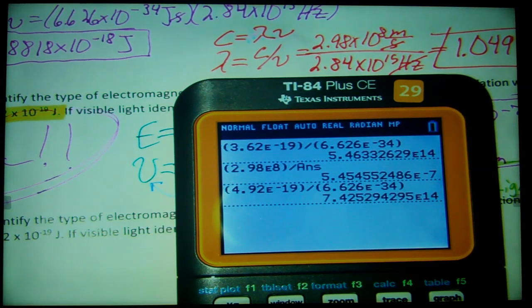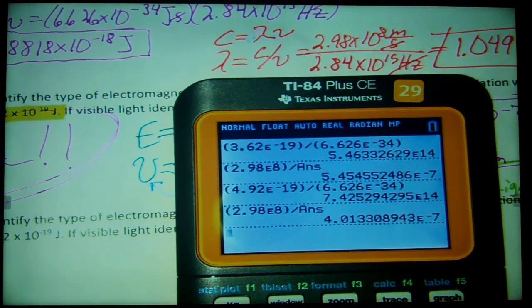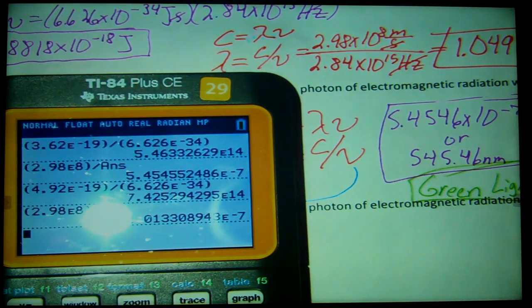Alright, from there, and then we go 2.98 times 10 to the 8. We'll divide that out by what we just got there. So I'm going to hit that second and that negative key. That ANS means answer. So that's the last answer it's pulling from there. So we get 4.0133 times 10 to the negative 7.